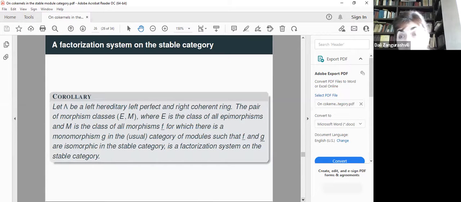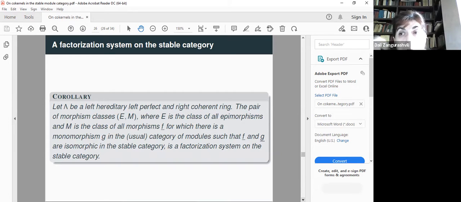And the third corollary gives some factorization system on the stable category. When dealing with this question, of course, the question arises when the pair of the class of all epimorphisms and all monomorphisms is a factorization system, but this question was studied in the previous work, and we proved that it happens not often.